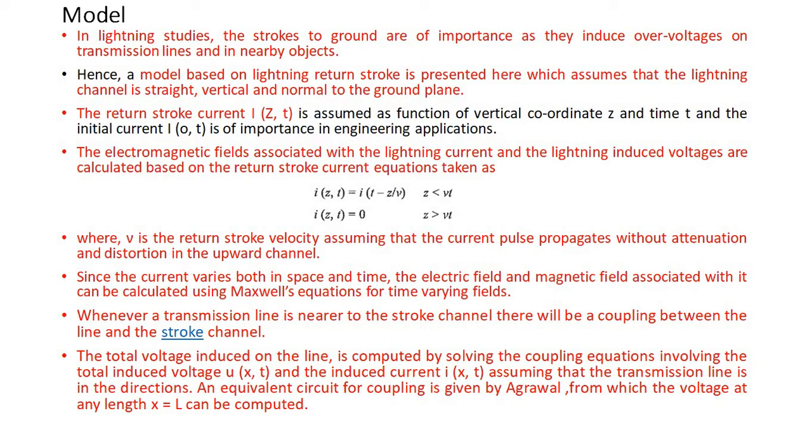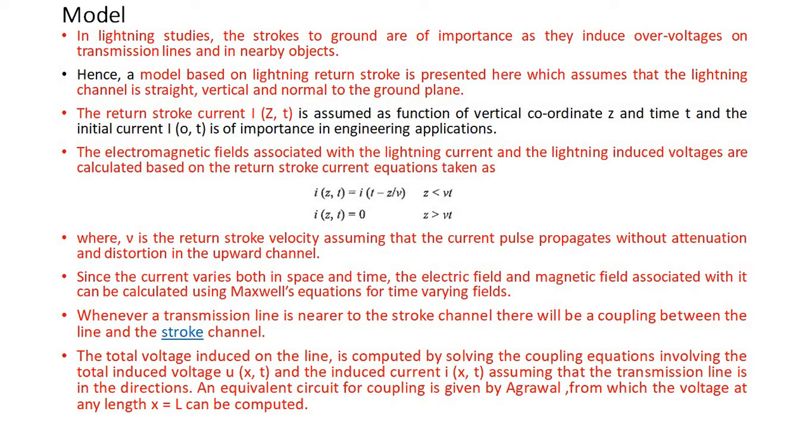Whenever a transmission line is near the stroke channel, there will be a coupling between the line and the stroke channel. The total voltage induced on the line is computed by solving the coupling equations involving the total induced voltage U(x,t) and the induced current I(x,t).